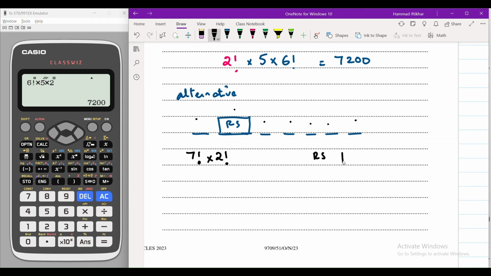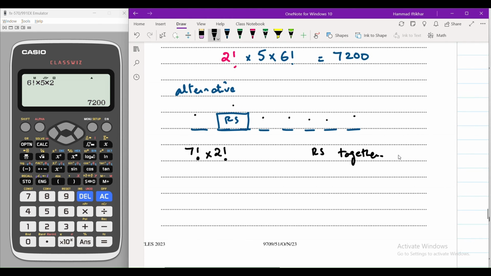So when Rajat and Sue are together, right? But since we do not want them at the ends, let's map out the number of arrangements when they are at the end. So for example, if we make this end over here, Rajat and Sue.